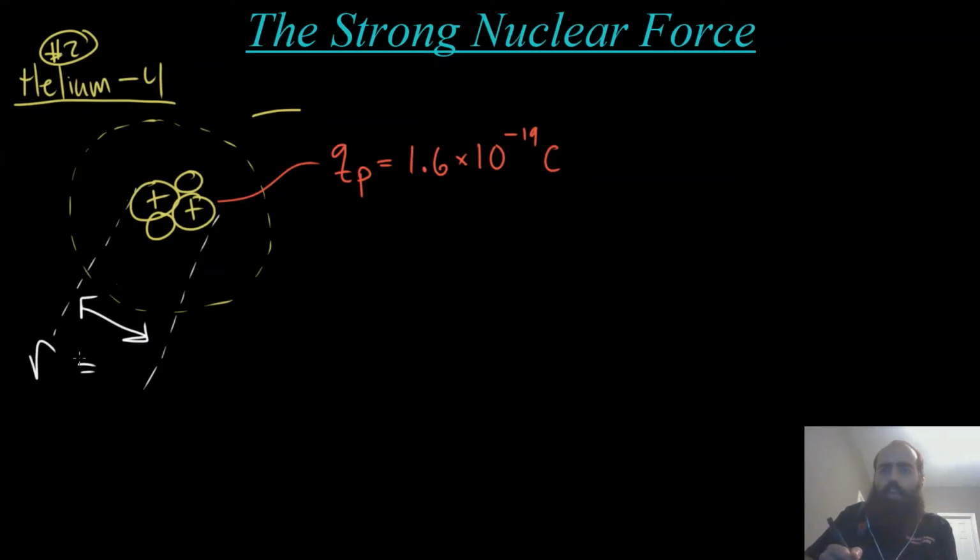Inside the nucleus, the distance between the protons is on the order of 10 to the negative 15 meters. So these protons are very, very close to each other, and they have some amount of charge associated with them. If they're positively charged, then those are like charges, and like charges are going to repel each other.